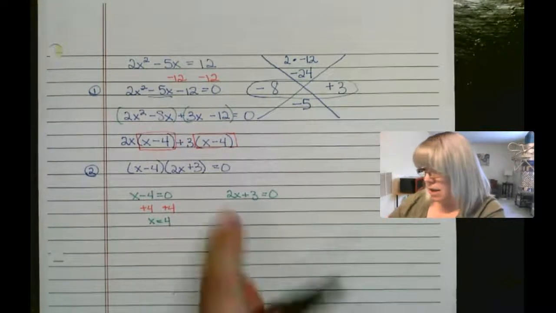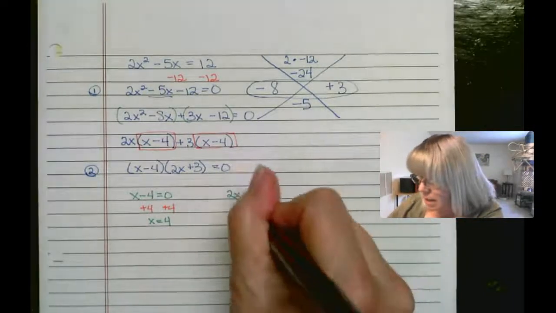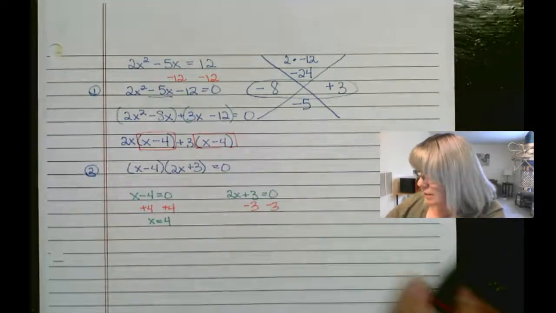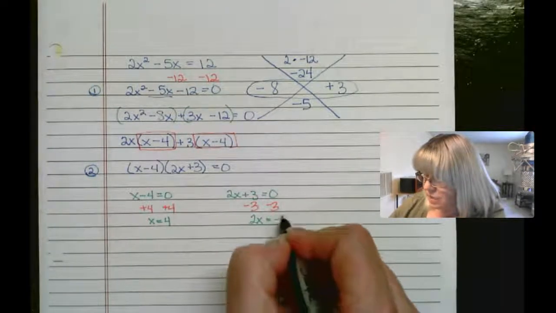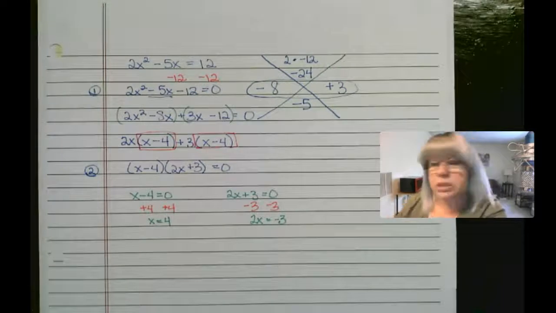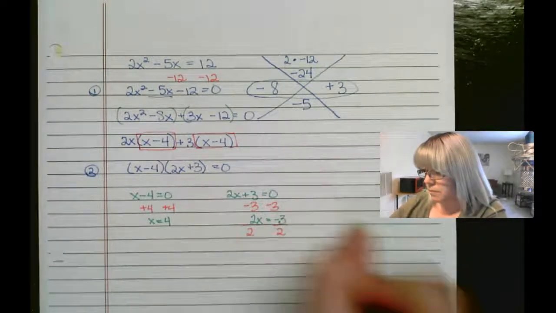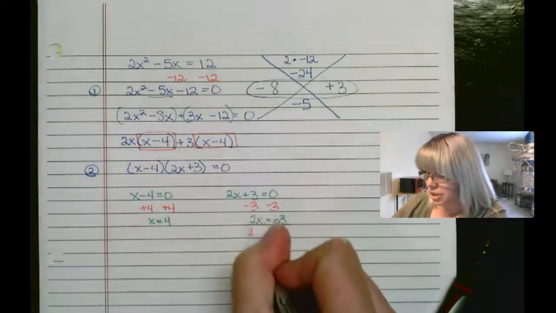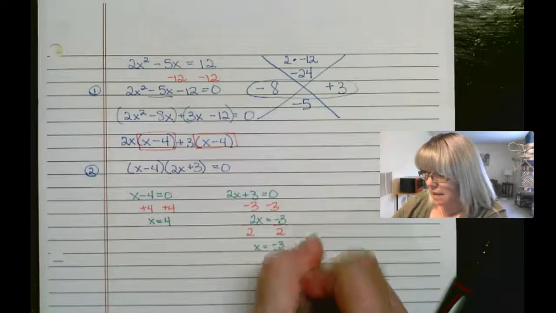Next one, I'm going to solve for x here. Minus 3 from both sides. That leaves 2x equals negative 3. I don't want to know what two x's are, so let's divide by 2 to undo that multiplication. And I have x equals negative 3/2.